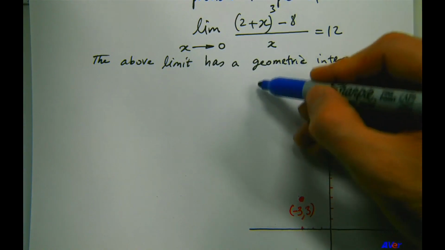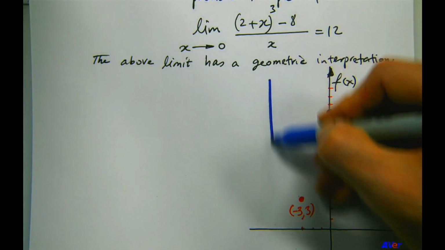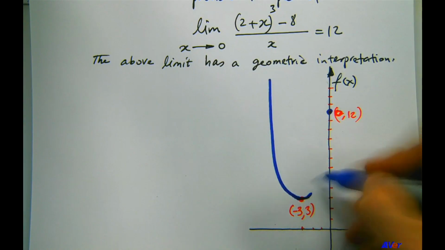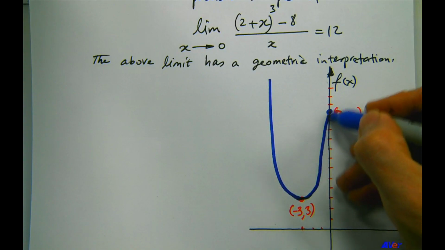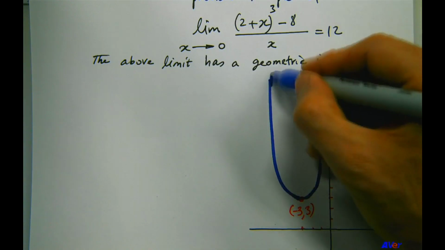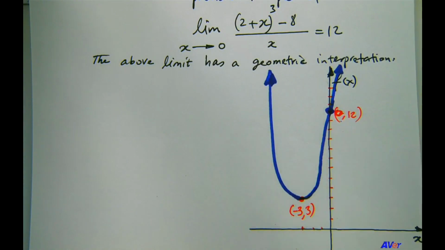So this graph would look something like this. Like that. And it should go through 0, 12 there.